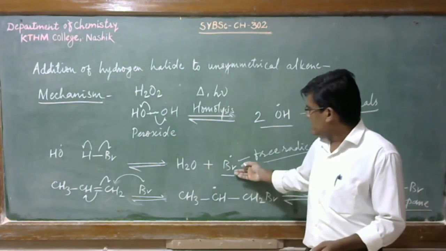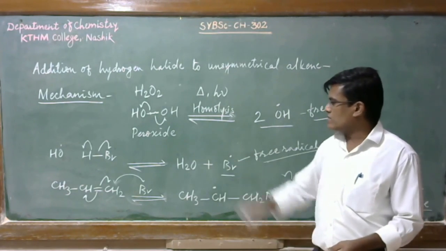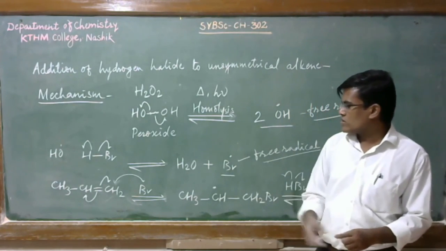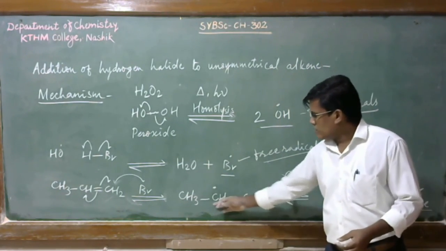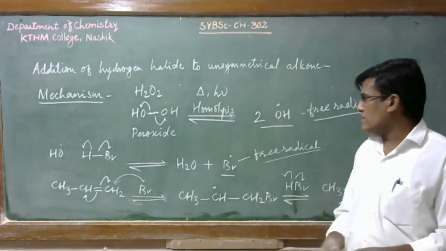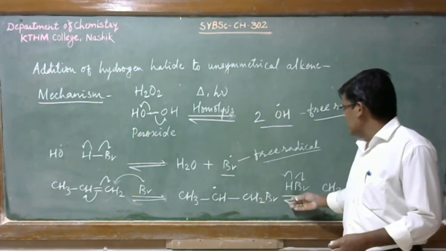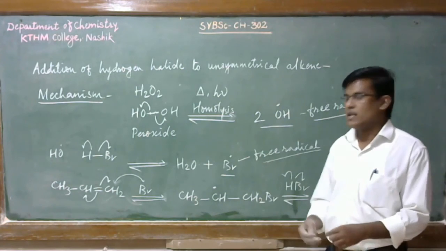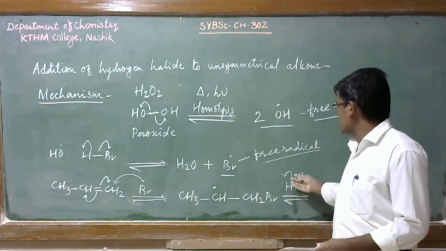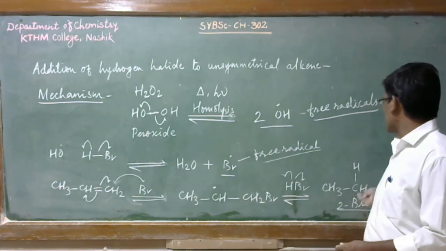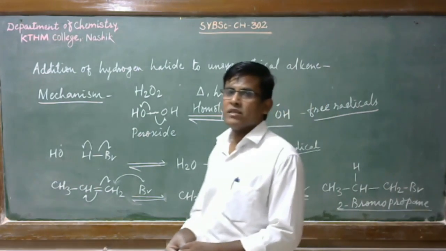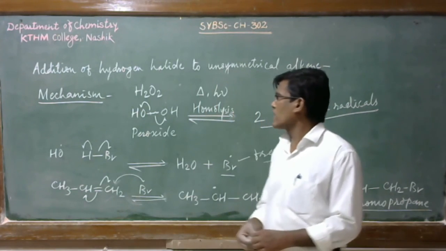Finally, this bromine free radical will add to the less substituted carbon of this unsymmetrical alkene, so that it generates the secondary free radical, which is more stable than the primary one. Finally, this secondary free radical will add to another molecule of HBr, and this hydrogen will get added to the secondary free radical to give the anti-Markovnikov addition product. So this is how the mechanism works.